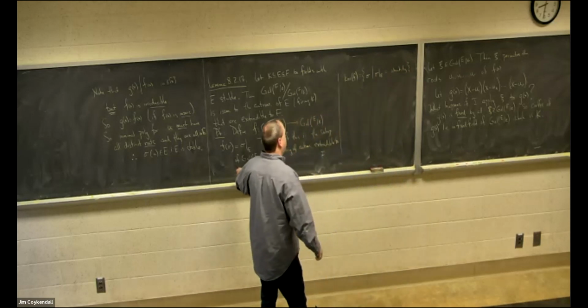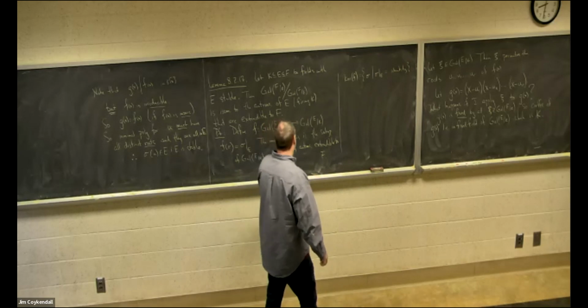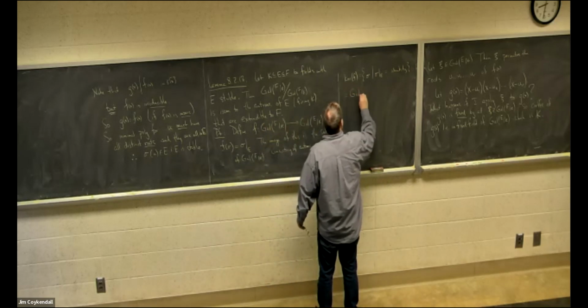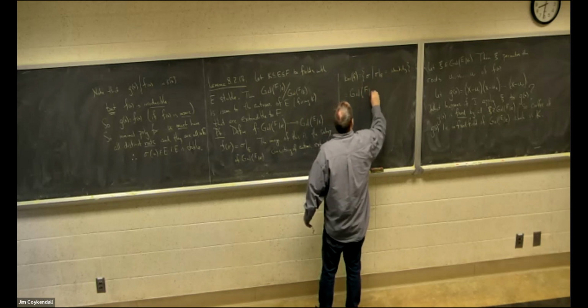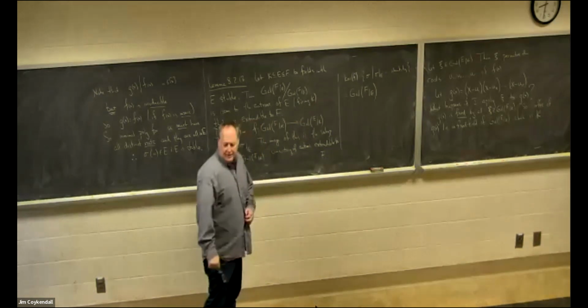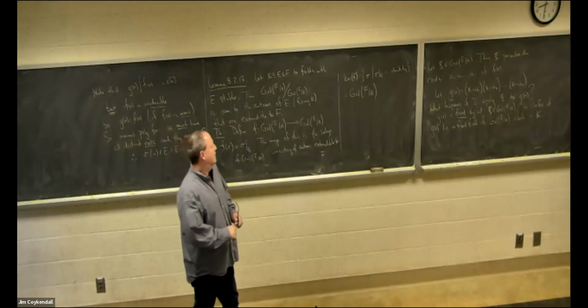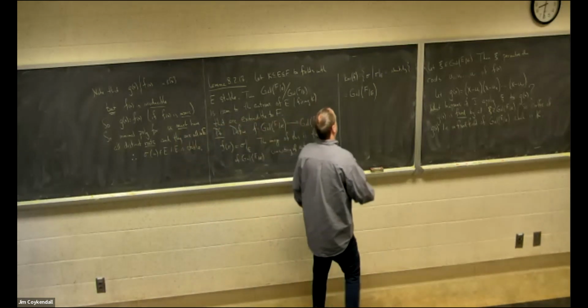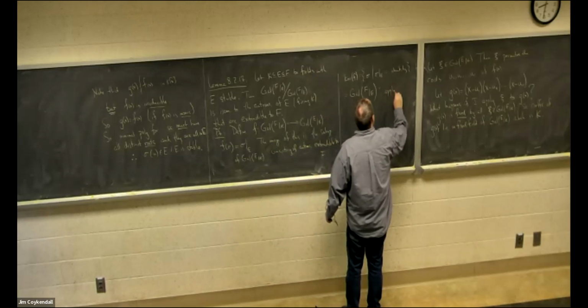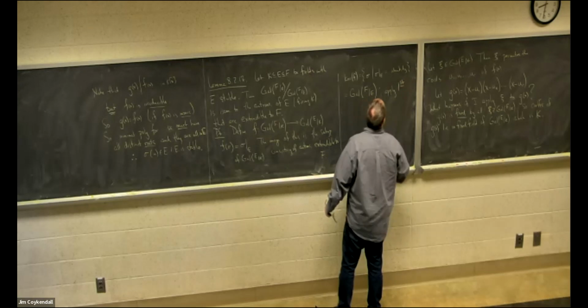So we want sigma restricted to E to be the identity on E. So this is the Galois group of F over E, that is, the automorphisms that fix E. And so now just apply the first isomorphism theorem.